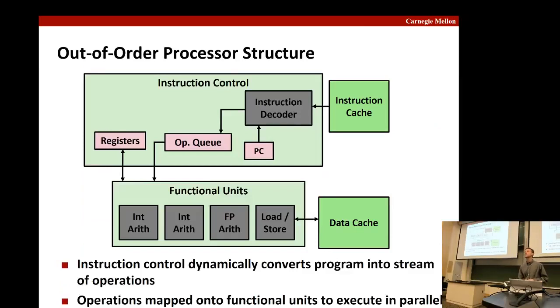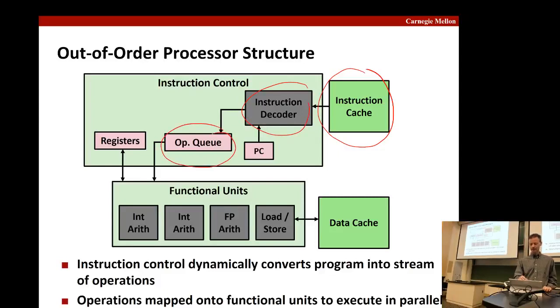We've also talked a little bit about what an out-of-order processor structure looks like. So here the notion is instead of executing the instructions one at a time, which would completely serialize things and you completely observe all the delays in certain instructions if you had slower instructions versus faster ones. Instead, you have an instruction cache, those instructions get decoded and then they get put in an operations queue.